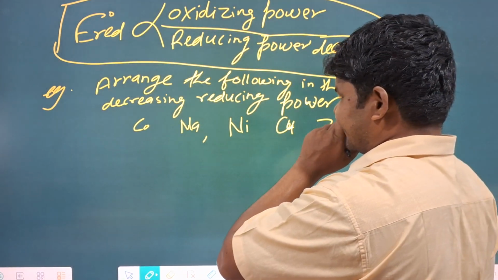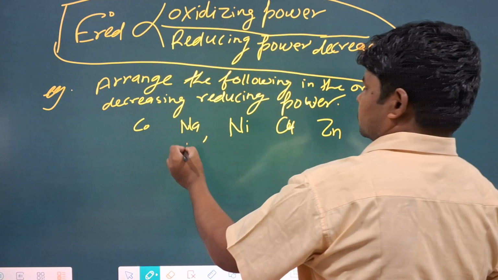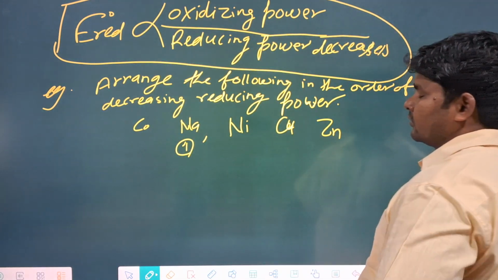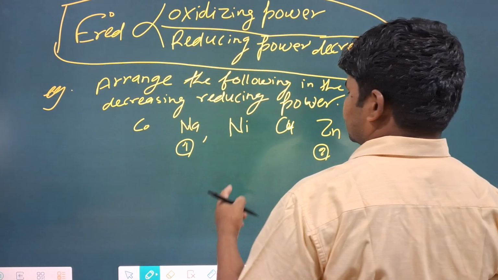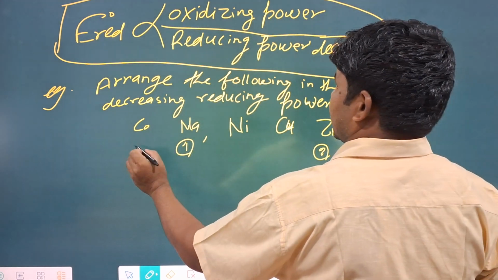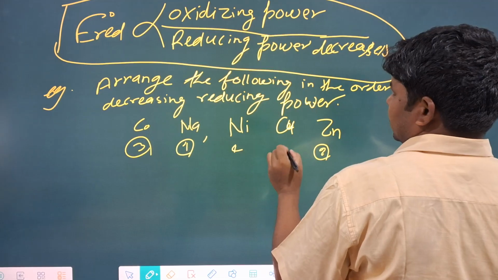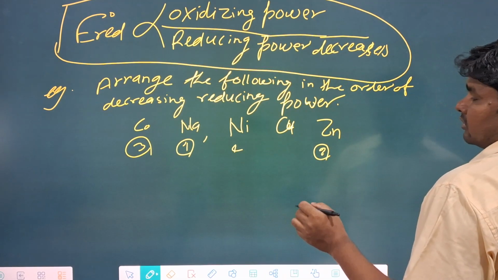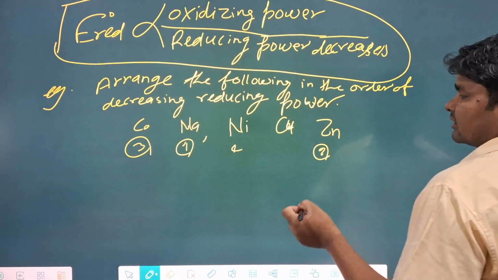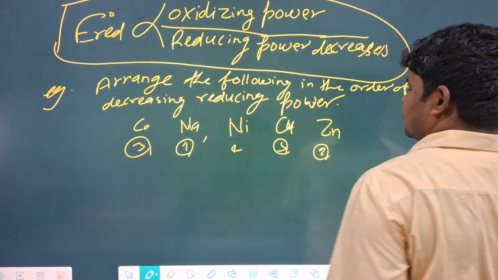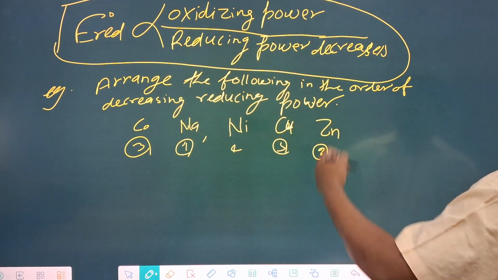Sodium contains a highly negative value of reduction potential, so sodium first and then zinc, then cobalt number 3, nickel 4, and copper, which contains a positive value of reduction potential, hence it generally has the capacity to oxidize other metals. Copper comes number 5. The question says decreasing reducing power.